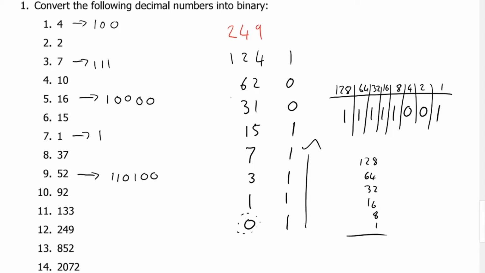And if we add those up, we have 9, carry the 2, 4, carry a 1, 2. And so we have 249 down here, 249 up here. We know our conversion is likely right. So 249 decimal is 1, 1, 1, 1, 1, 0, 0, 1 in binary. Just get rid of all this.